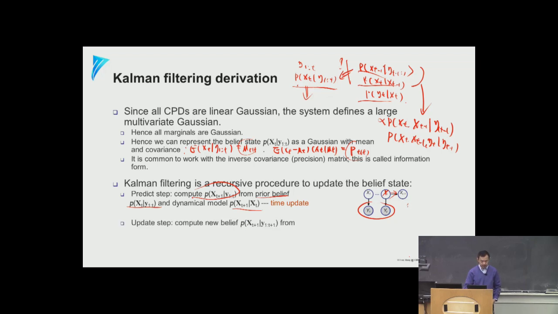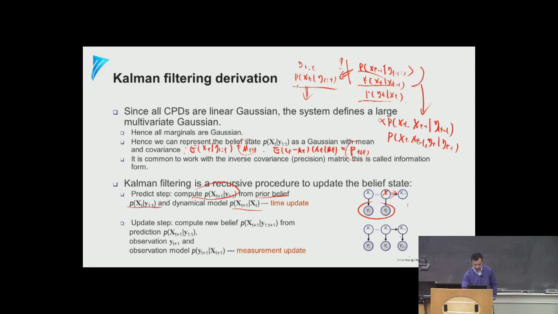And then we can compute a new belief by adding this new piece of evidence into that, combining the predicted state plus one observation, and update our model, p of x_{t+1} given y_1 to t+1. This is called the measurement update.